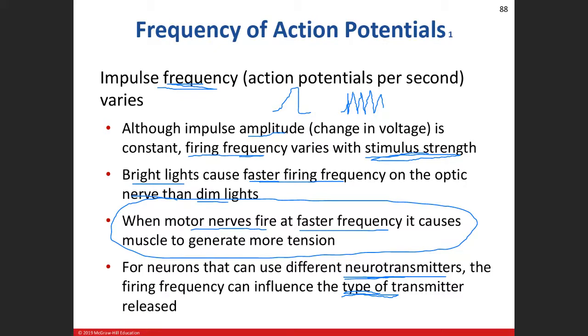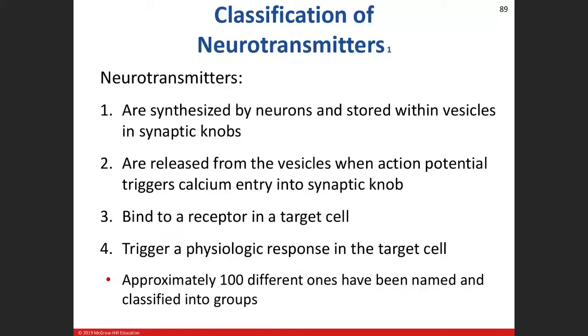Okay, so let's talk about neurotransmitters. Let's talk about the stuff that comes out of those synaptic vesicles. It's a chemical, okay? But there are different types of neurotransmitters. This is a chemical that's made by the neuron, and the neuron is nice enough to package it up into these little envelopes in the synaptic knobs.